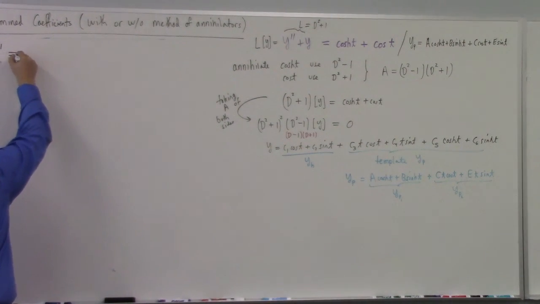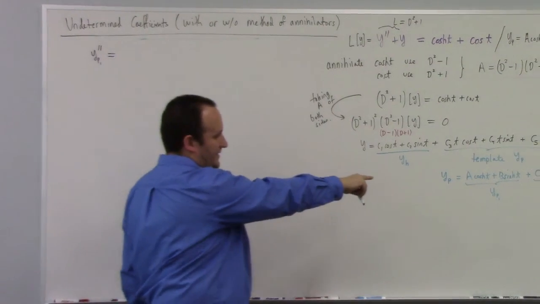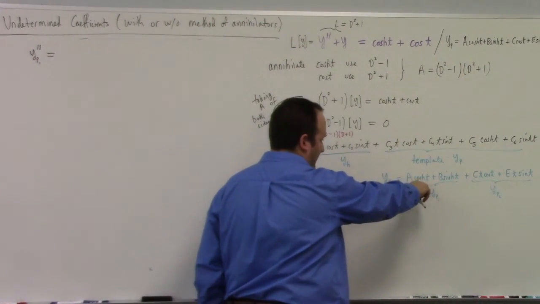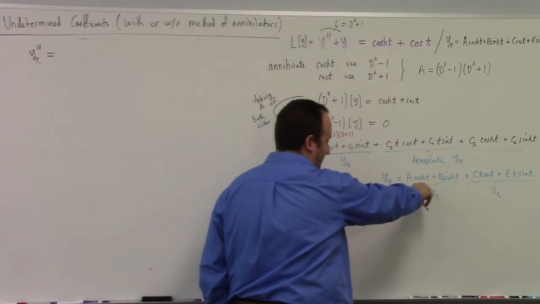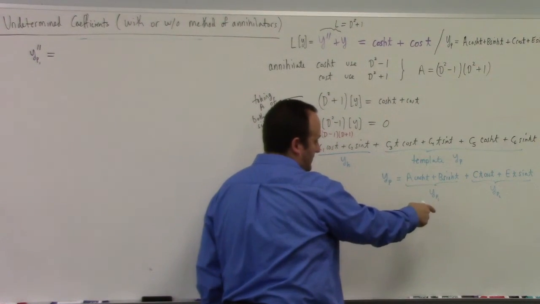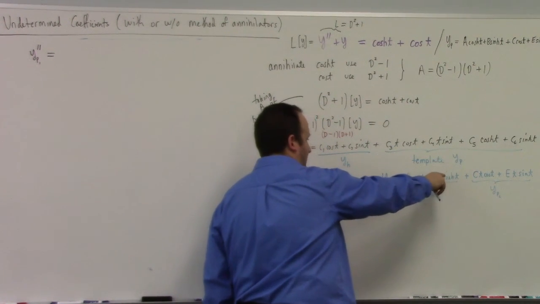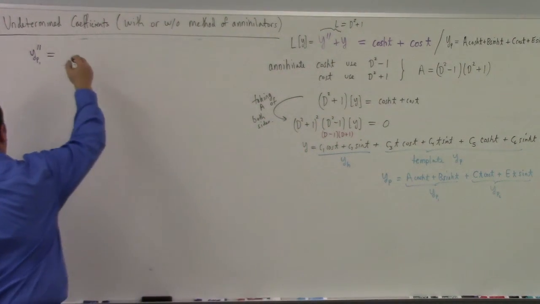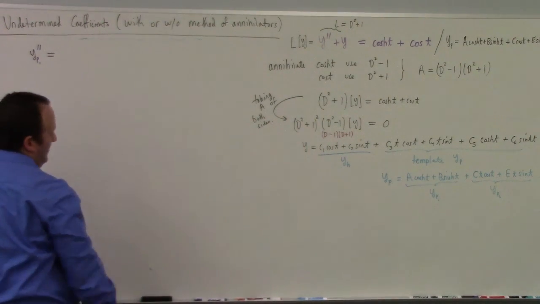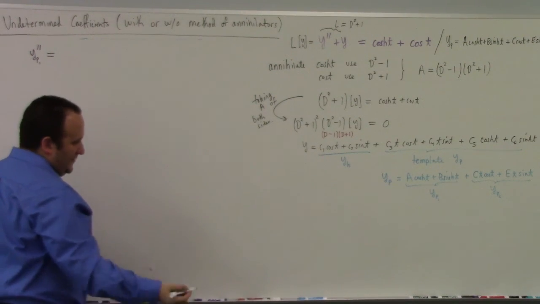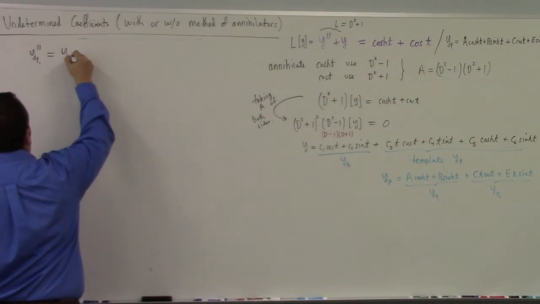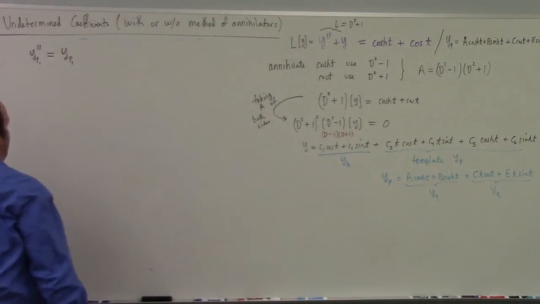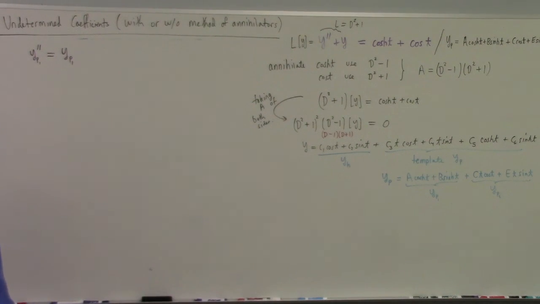Can you guys see it? Differentiate this two times. What do you get? Cosh goes to sinh, and then the second differentiation goes back to cosh again. Sinh goes to cosh, and then cosh goes to sinh again. So differentiating that two times gives me back, what does it give me back? It just gives me back YP1, right? Sorry, I'm tired of writing. Anyway, it's pretty easy to see that that's true.